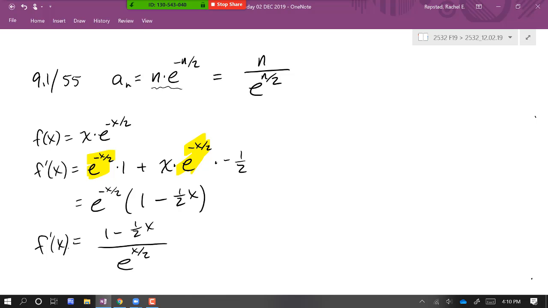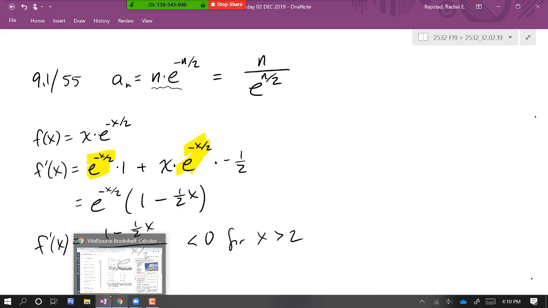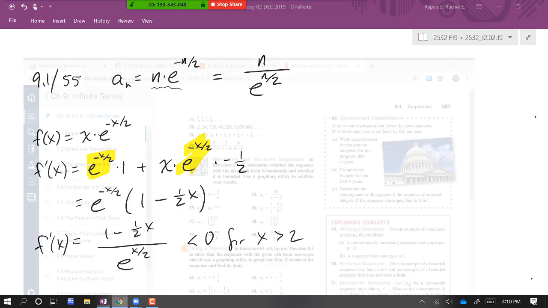Because e to the x over 2 on the bottom is always positive, the exponential. So I would say this is less than 0 where x is strictly greater than 2. So I'd say it's monotonic where x is at least as big as 2. If we ignore the first term, then we'd have a monotonic sequence.